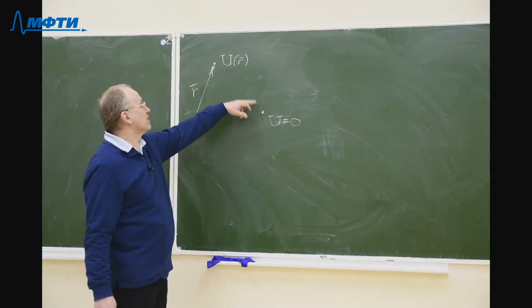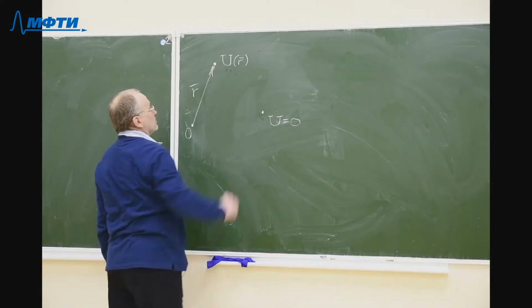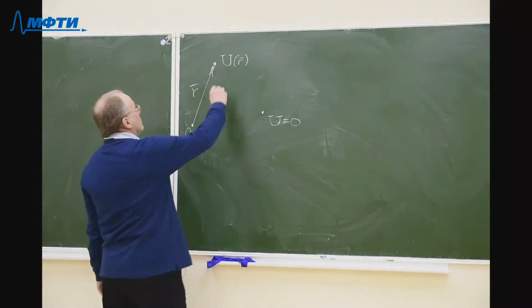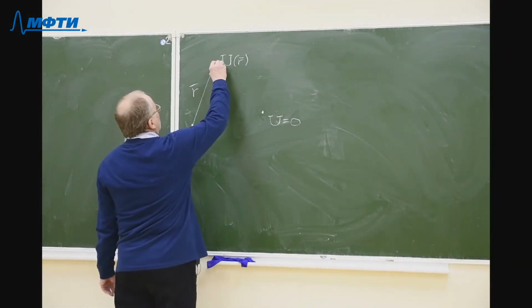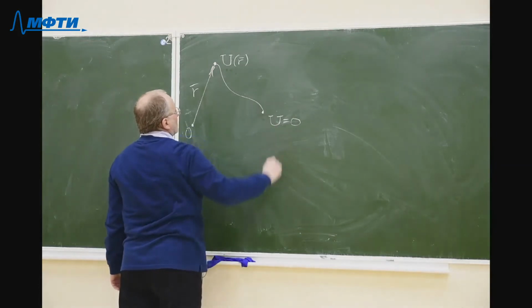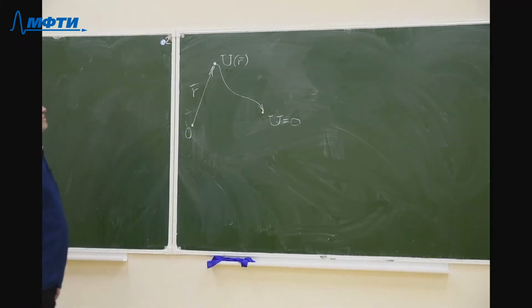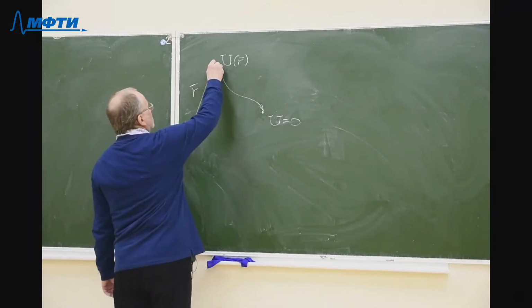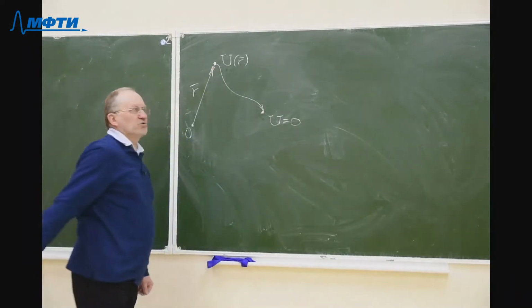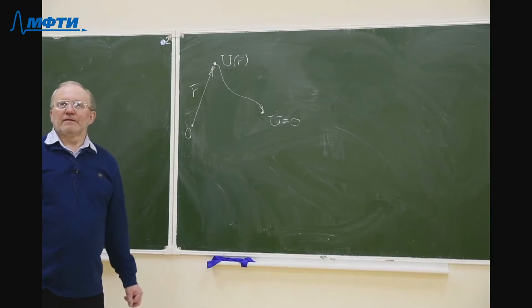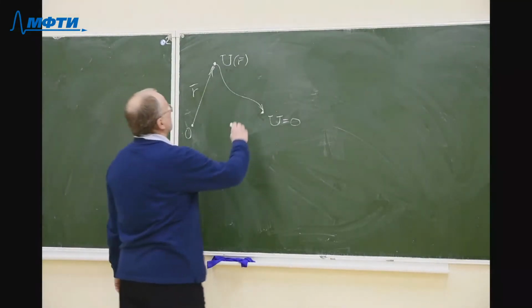Then, how can we calculate potential energy at any other point? We have to move a particle from the point of interest to the zero potential energy point and calculate work.